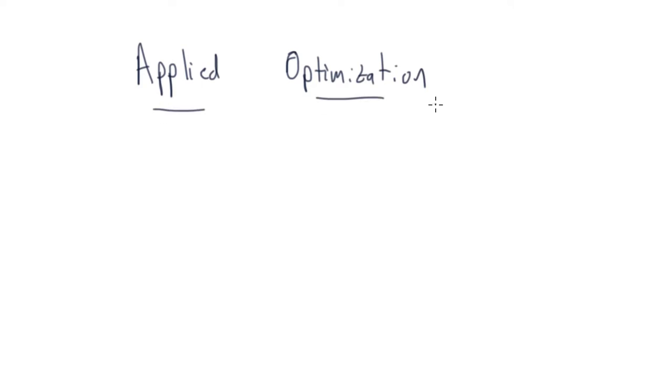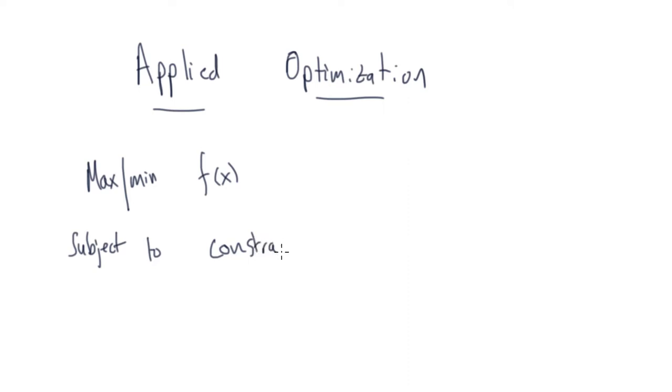And the general idea behind applied optimization is this. We want to maximize or minimize a function subject to some constraints. So let me just tell you a couple of really big picture applications here.